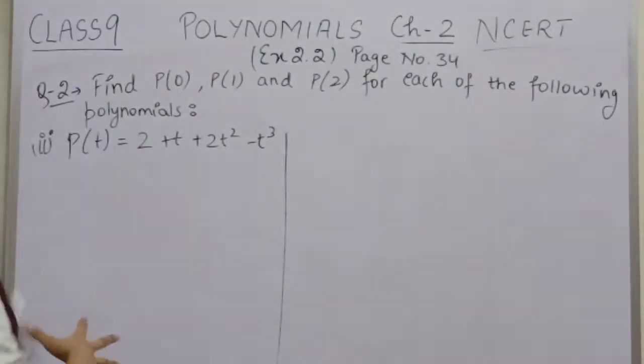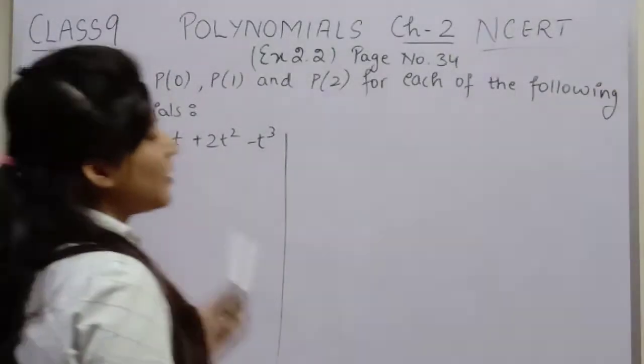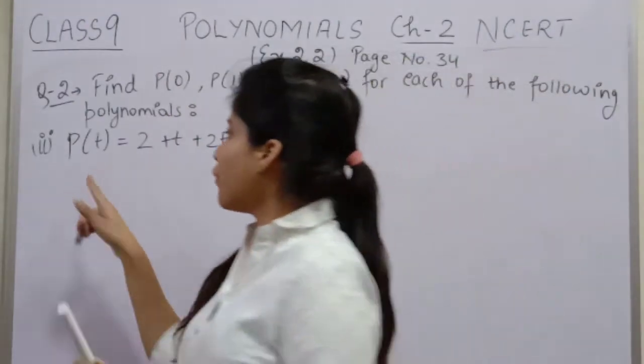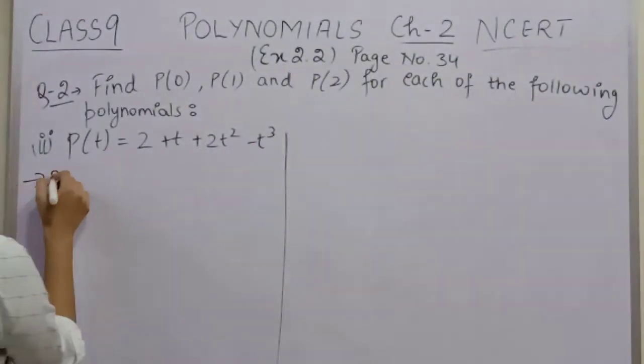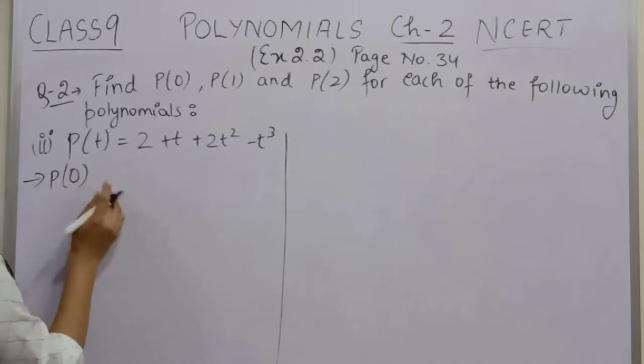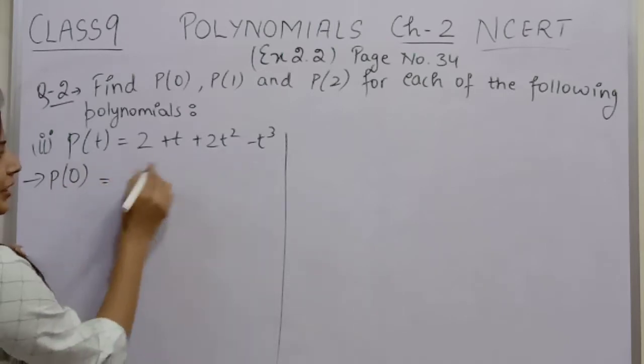Okay, so now again we have to find P0, P1 and P2. So for P0, first is P0. Now we have to put 0 at the place of t.